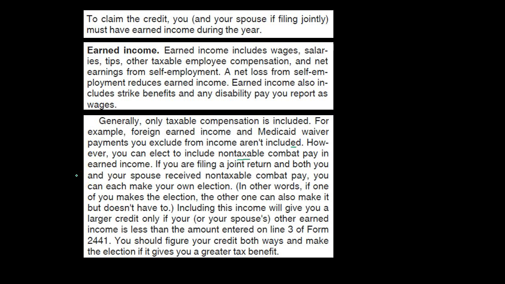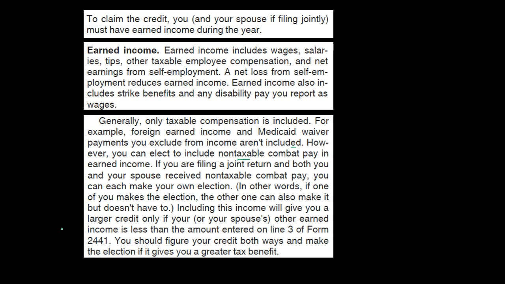Back to the text. If you are filing a joint return and both you and your spouse received non-taxable combat pay, you can each make your own election. In other words, if one of you makes the election, the other one can also make it, but doesn't have to. Including this income will give you a larger credit only if your or your spouse's other earned income is less than the amount entered in line 3 of Form 2441.